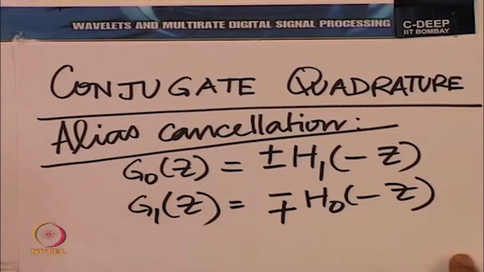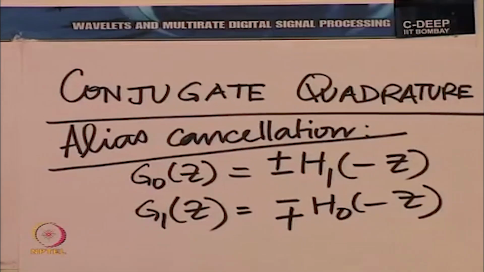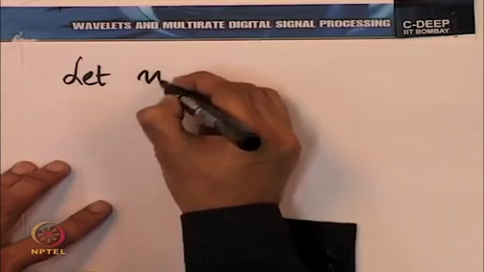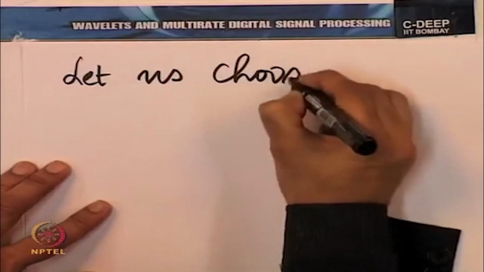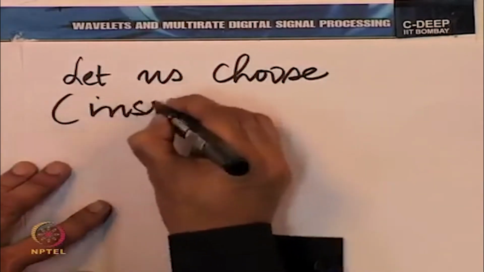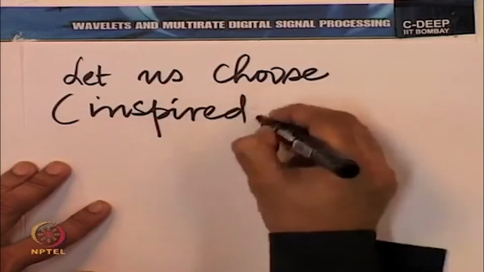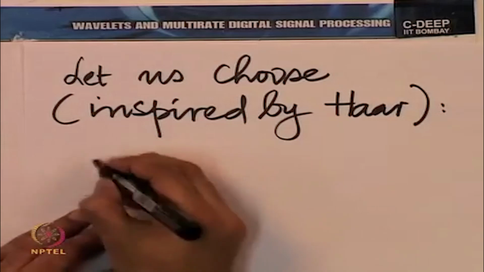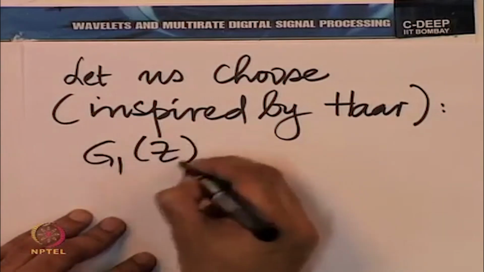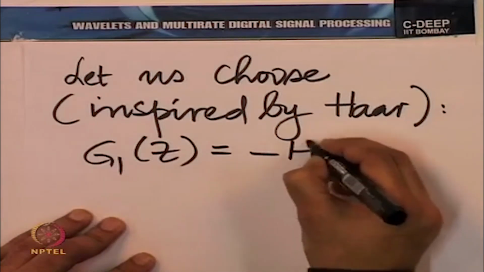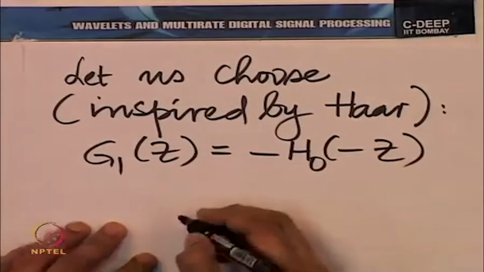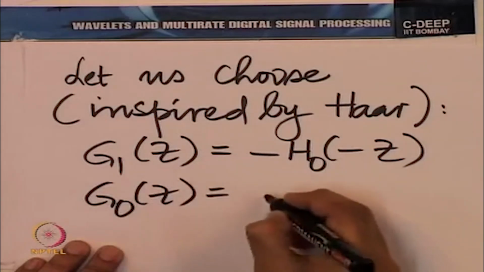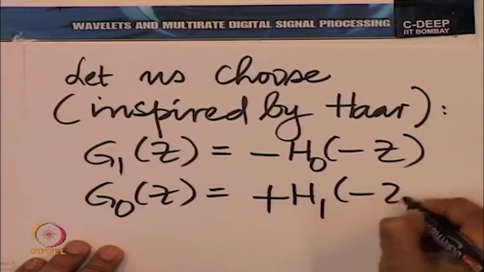Now, taking inspiration from the Haar, let us take the following choice. G 1 z is minus H 0 minus z, and therefore, G 0 z is then plus H 1 of minus z.